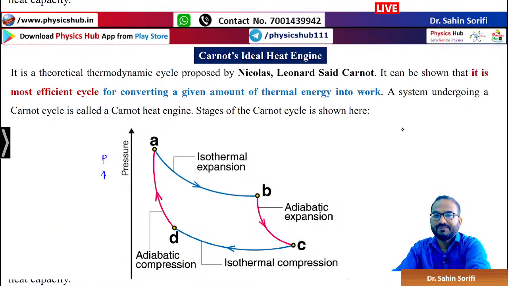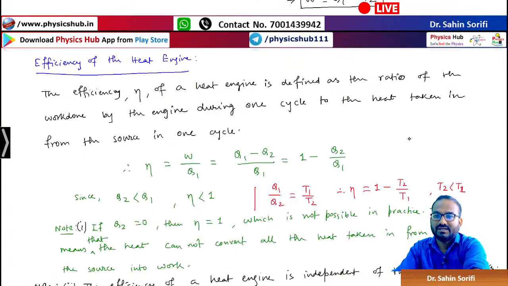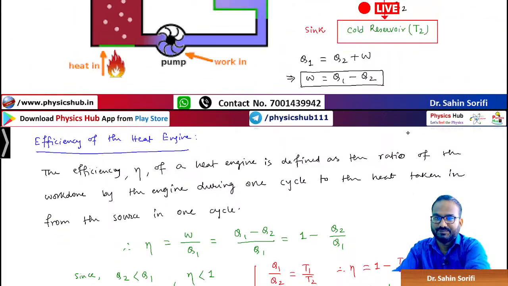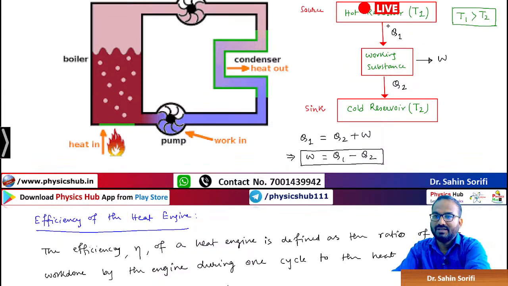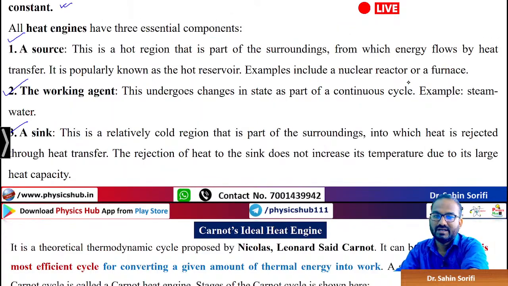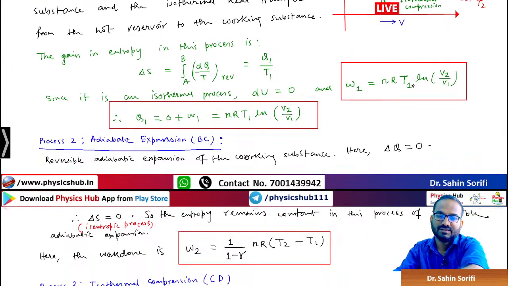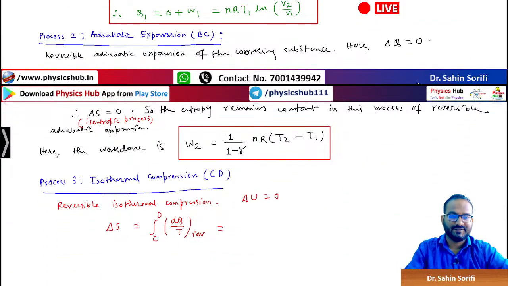What is happening? The hot reservoir is giving off the heat, right? Q1 is given off by the hot reservoir. The cold reservoir, Q2, is accepting the heat. We have already told you the sign convention of heat transfer. If heat is given off, Q is positive. If heat is accepted, Q is negative. So we are going to use that sign convention here.